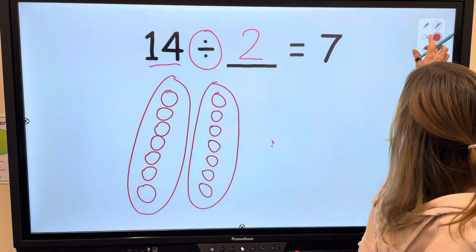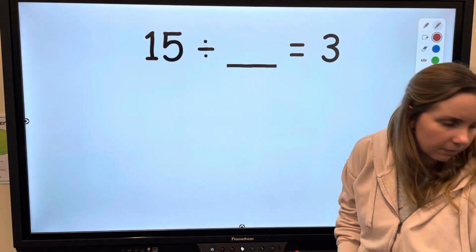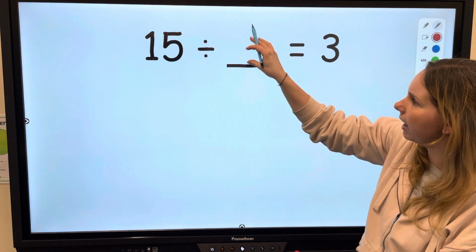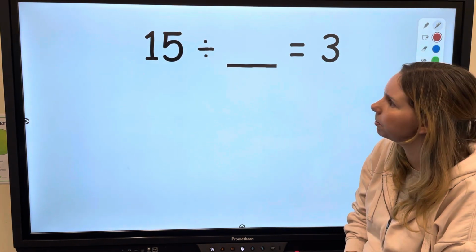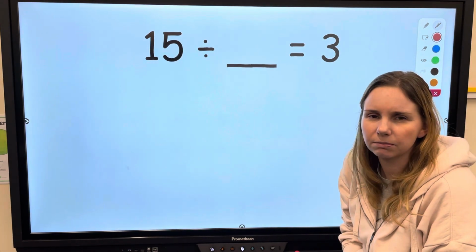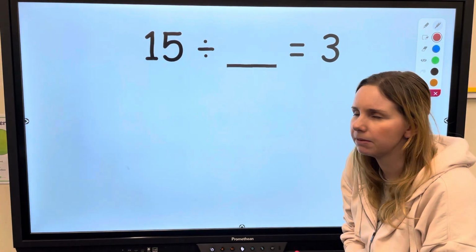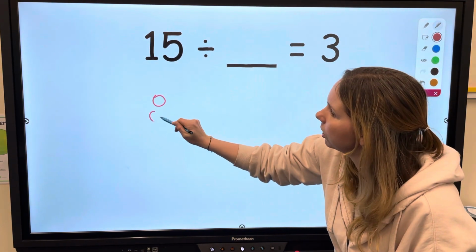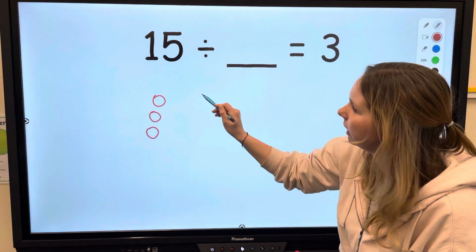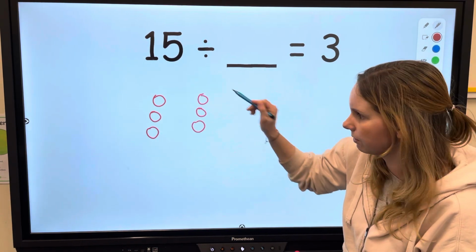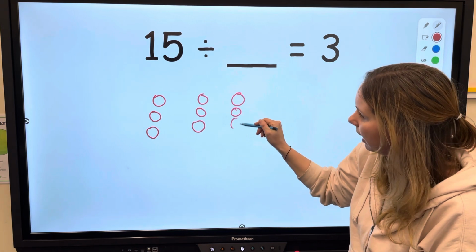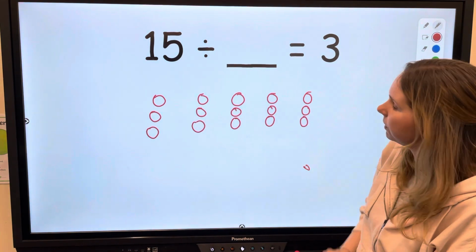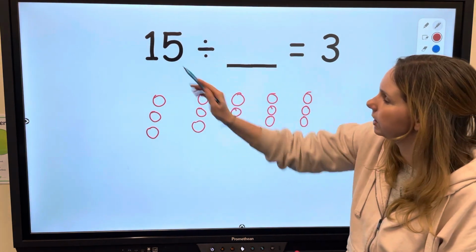Let's have another look. Last one, okay? 15 shared into something, how many groups equals 3 in a group? What we're going to do? Have a go at home, see if you do the same as me. 3 in a group, Mrs. Eastwood. 1, 2, 3, and I've got to get to 15. 4, 5, 6, 3 in a group, 7, 8, 9, 10, 11, 12, 13, 14, 15, 3 in a group, 15 altogether.